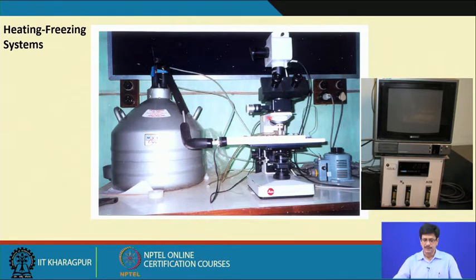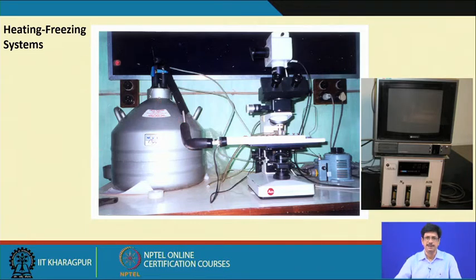The one in this picture is a gas flow heating cum freezing system, originally designed by the United States Geological Survey and adopted by Fluid Inc. in Denver, Colorado, United States of America. The freezing is done by cold nitrogen gas.